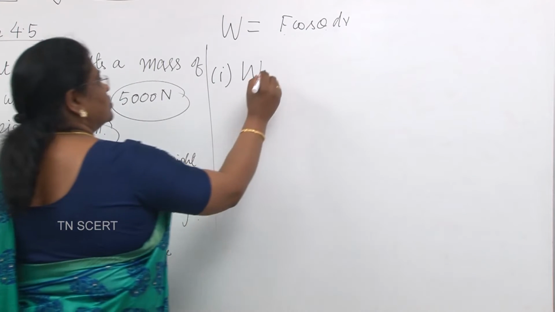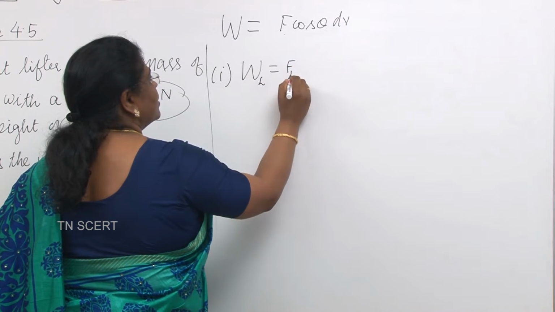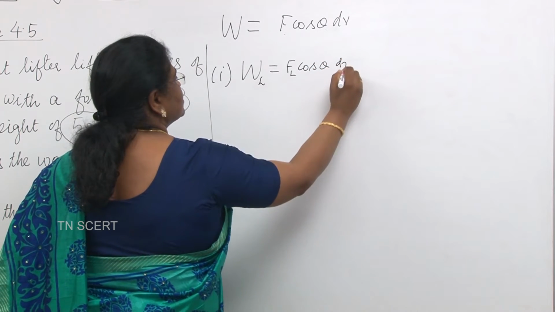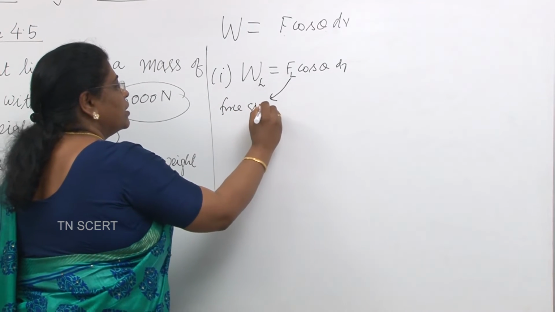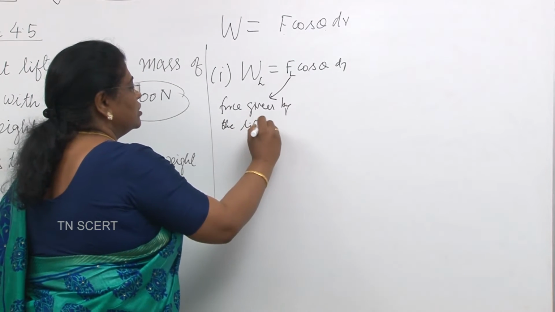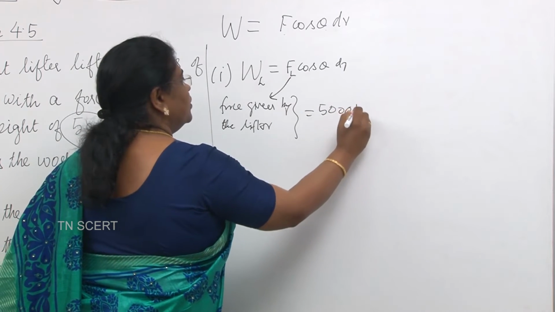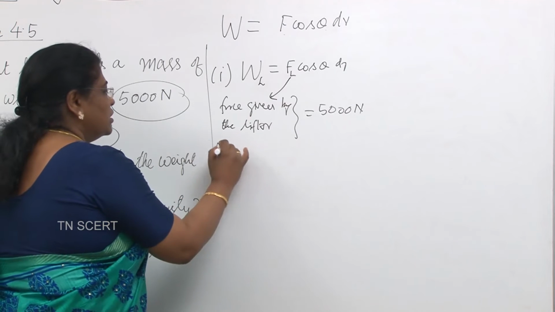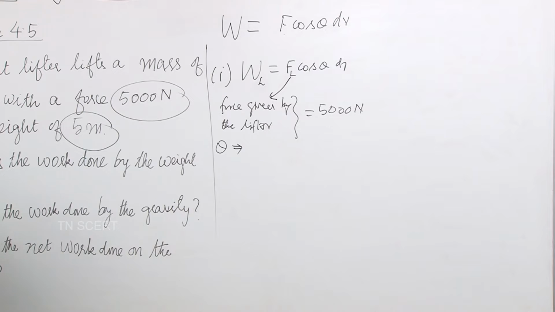It is equal to the force given by the weightlifter times cos theta times the displacement. The force is 5000 Newton, and theta is the angle between the direction of force and the direction of displacement.